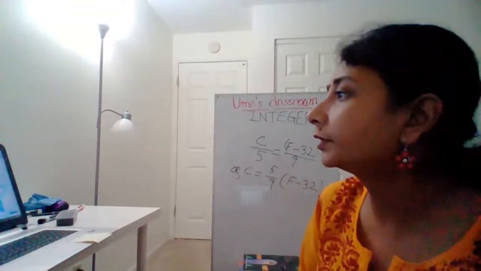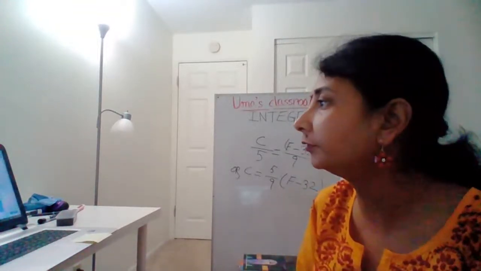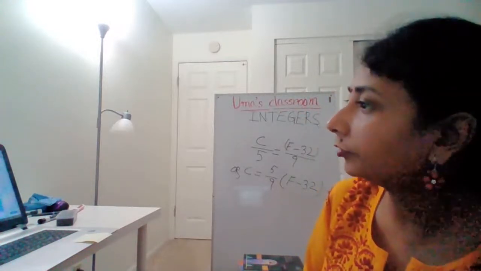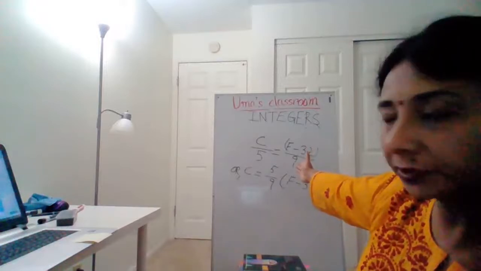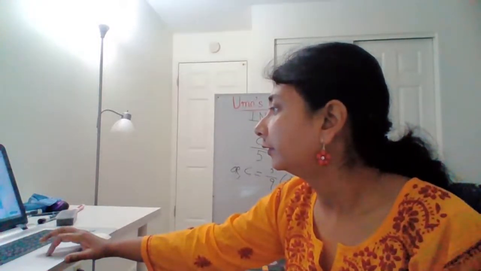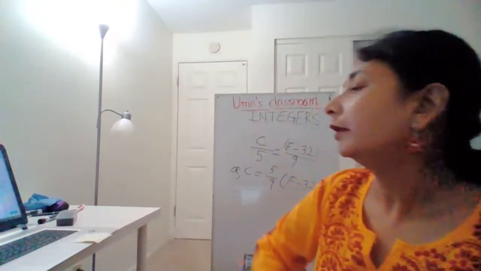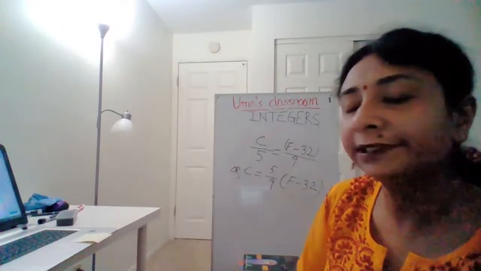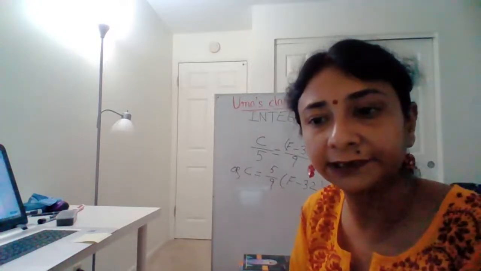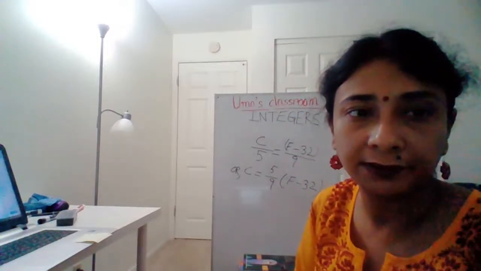Convert each of the Fahrenheit temperatures I'm going to give you into centigrade to the nearest integral value using this relation, and find out the temperatures of those gases at sea level in degrees centigrade.